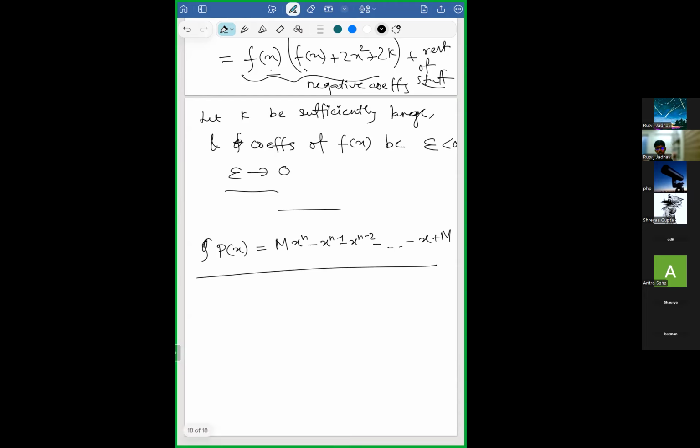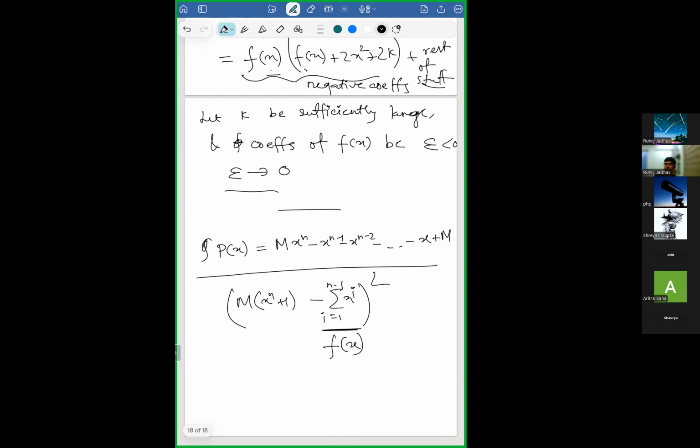We can make it as large as we want. So even here, if we square p of x, then I would write it as m times x raised to 1 plus 1 minus. Here, this is again sort of the f of x that Arithra was talking about. Both constructions are valid. It is basically the same.